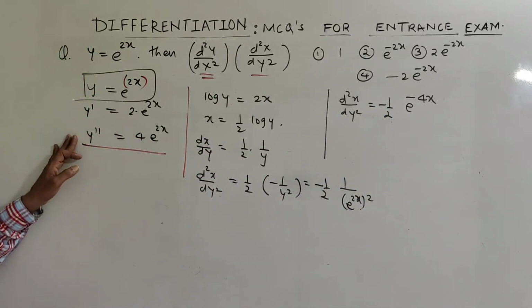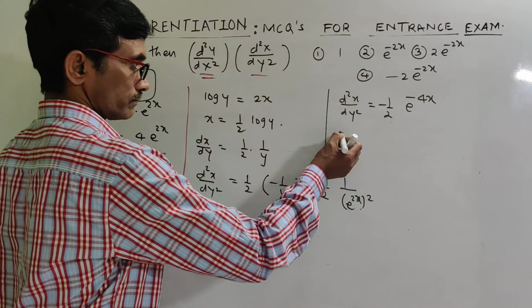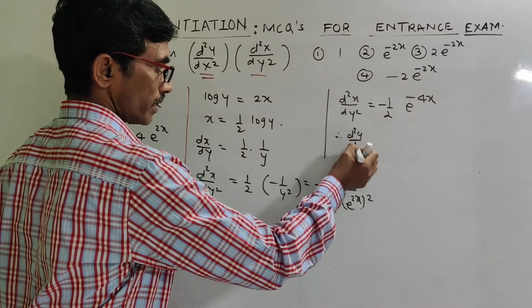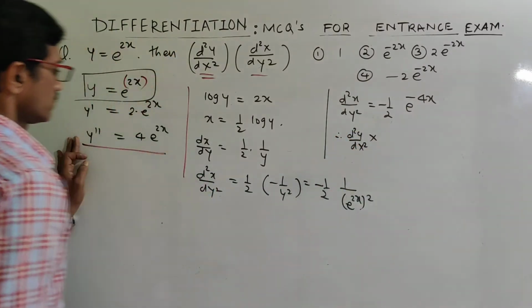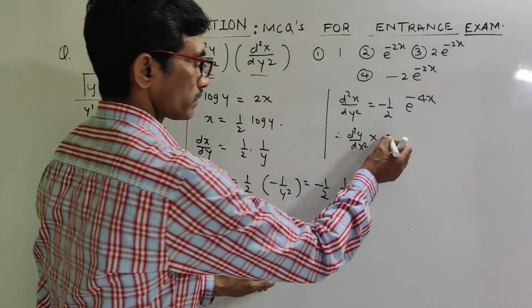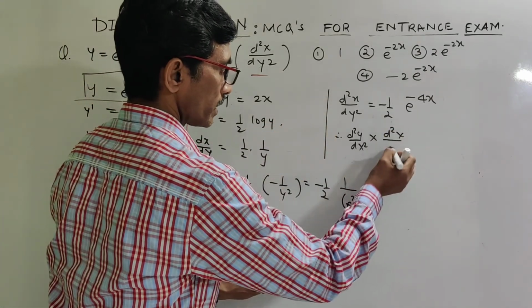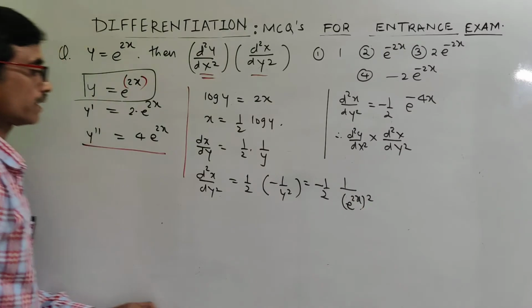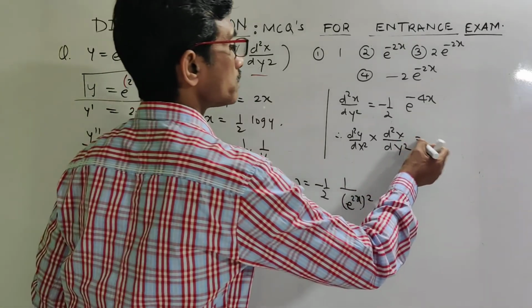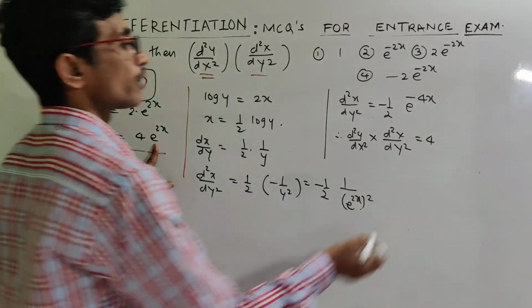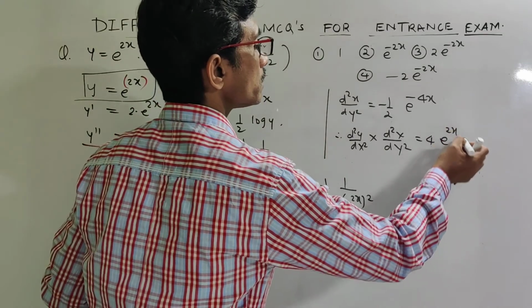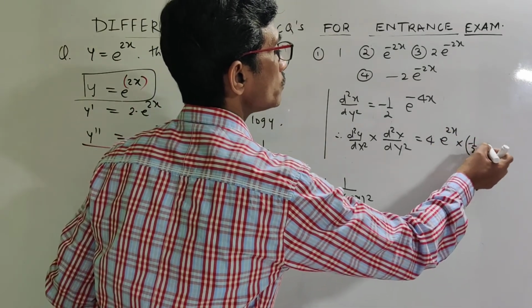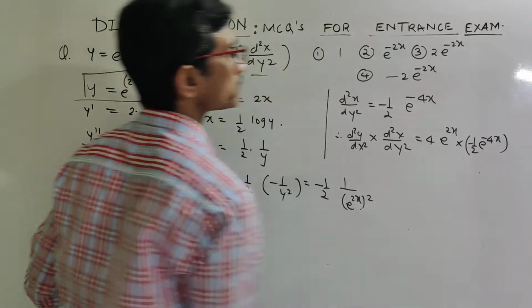This is d square y by dx square, so d square y by dx square into d square x by dy square is equal to 4 e raised to power 2x into minus 1 by 2 e raised to power minus 4x.